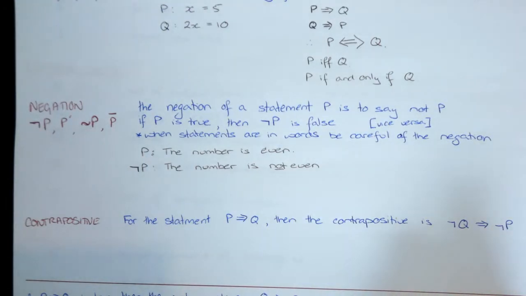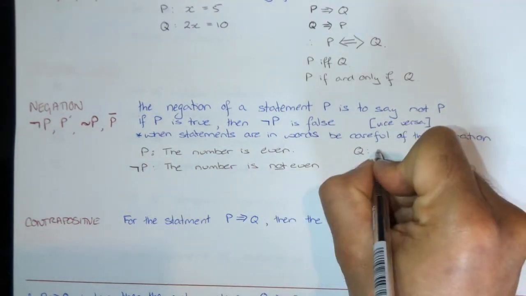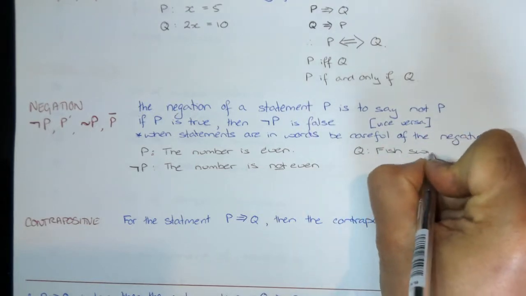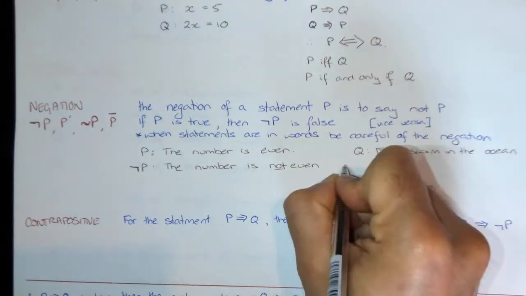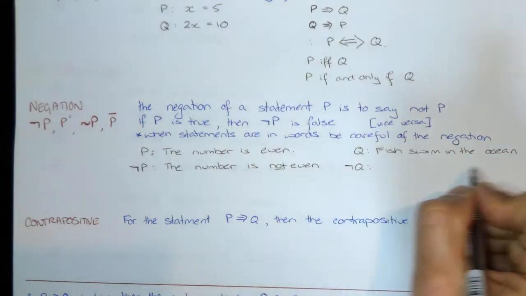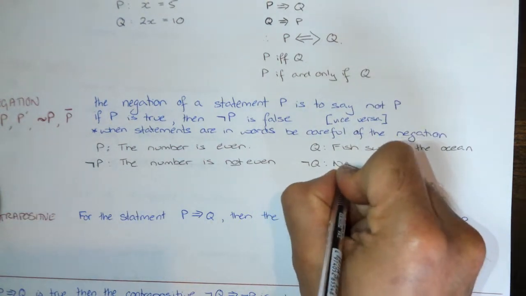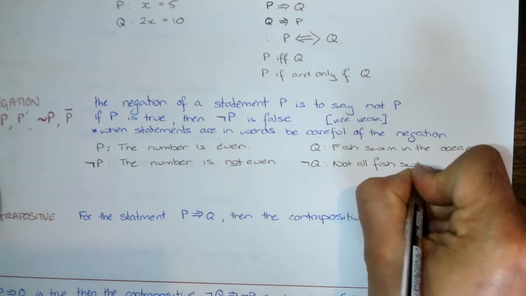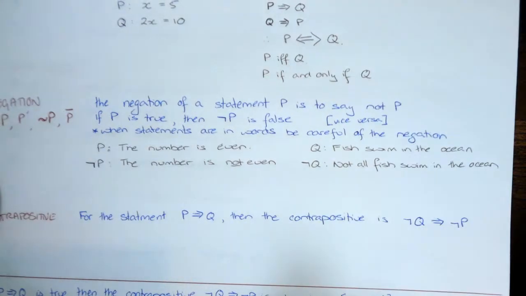Another statement: fish swim in the ocean. I can't write the negation as "fish don't swim in the ocean" because that would not make any sense. But I could say "not all fish swim in the ocean."